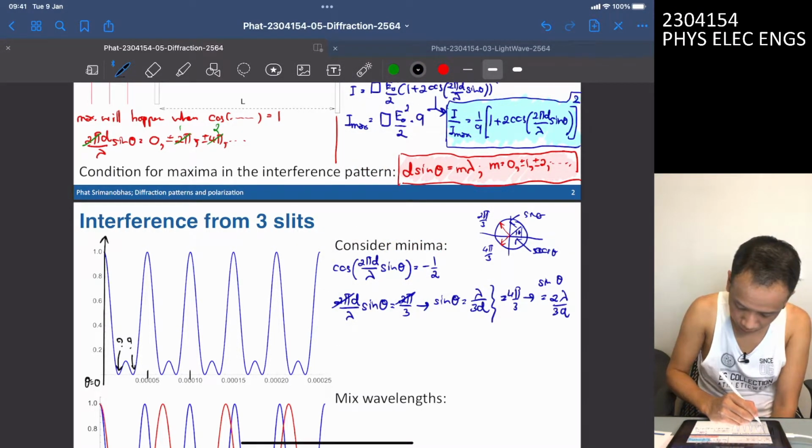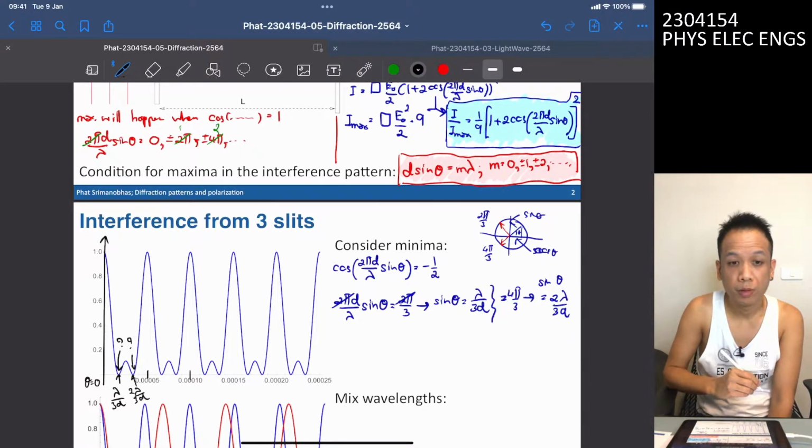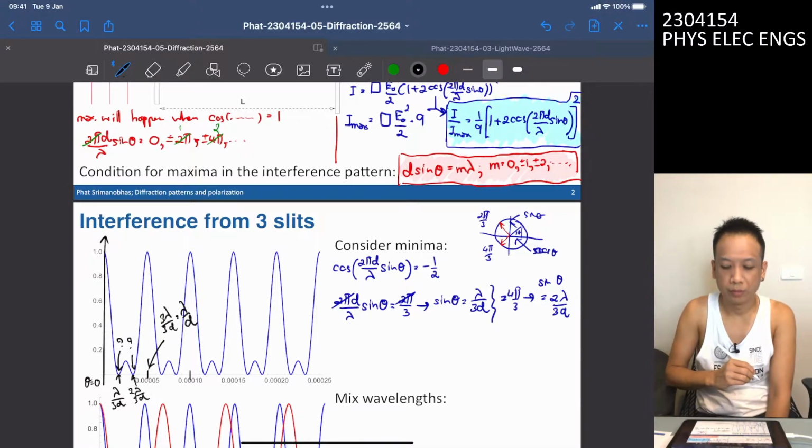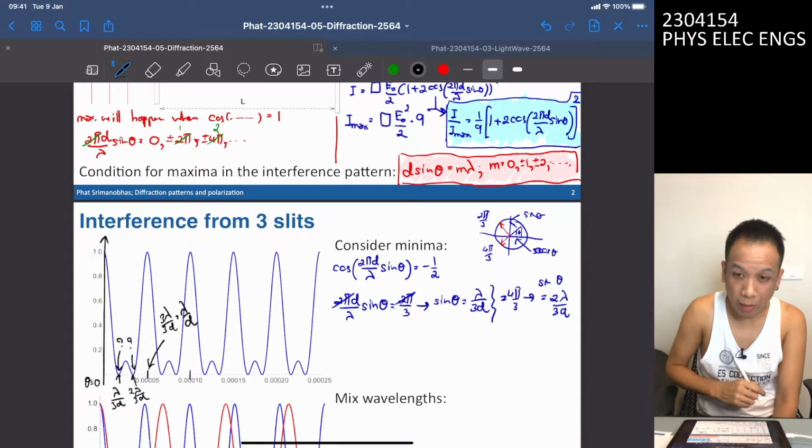This point is lambda over 3d, this point is 2 lambda over 3d. Then this next point should be 3 lambda over 3d, which is lambda over d, right? And what is lambda over d?